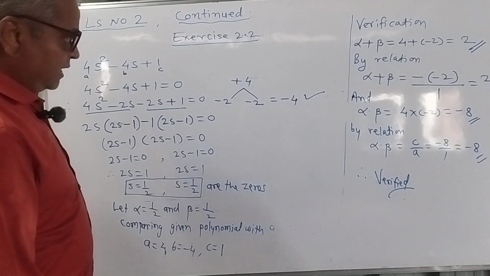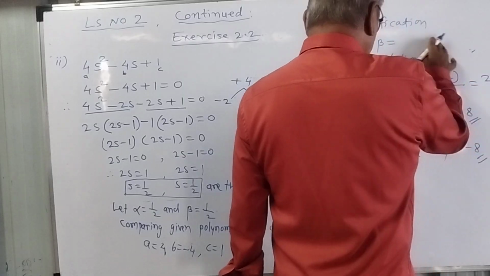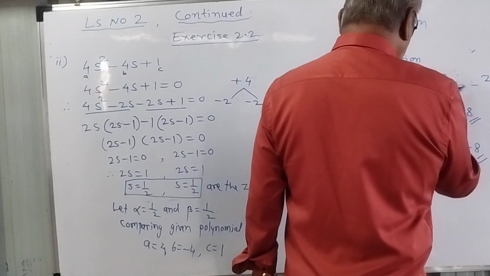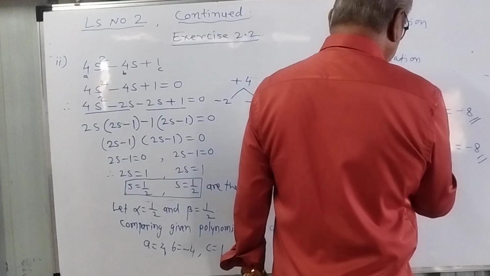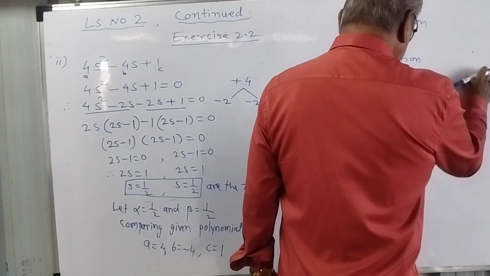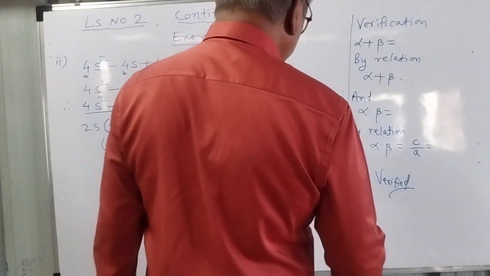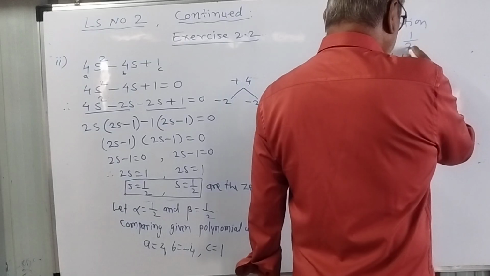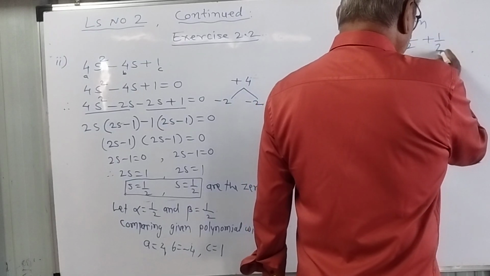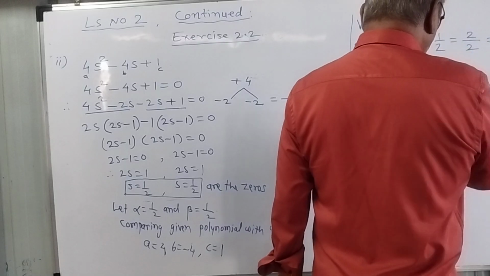Now the verification is alpha plus beta. Alpha plus beta will give you actual sum 1 upon 2 plus 1 upon 2 is equal to 2 upon 2, which is equal to 1.